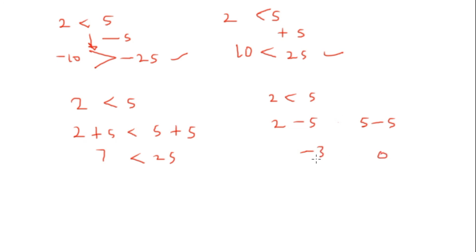So that means minus 3 is actually less than 0, so the sign remains the same. So if you subtract the same fixed value from an inequality, the sign remains the same. The sign only changes when you multiply both sides by a negative value, or if you divide both sides by a negative value. Now let's solve some problems.